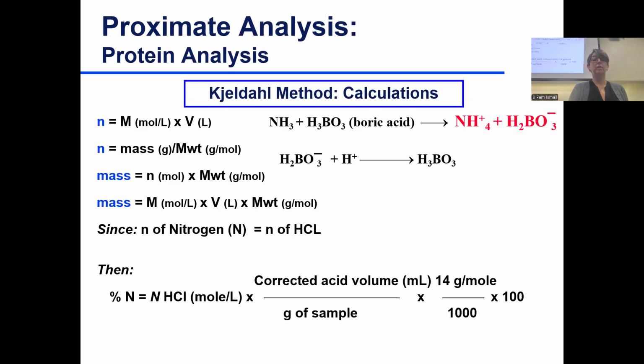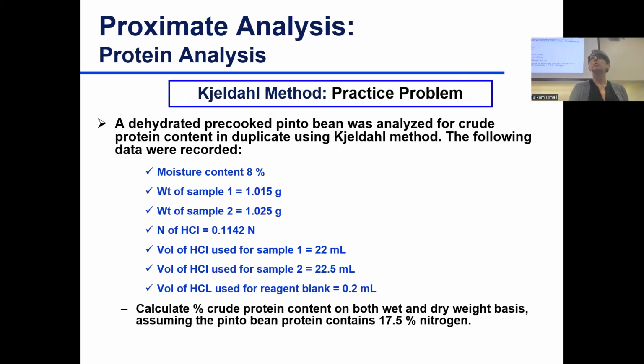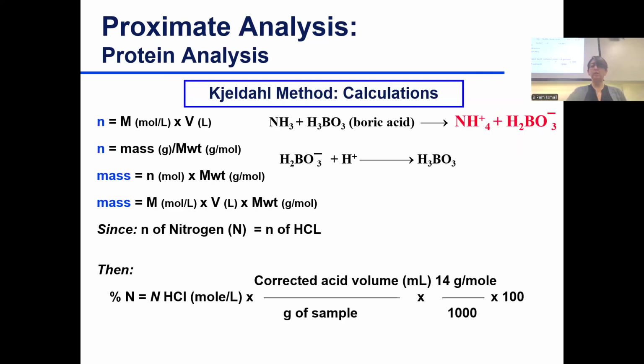You have all the given to calculate nitrogen. So you just apply, what's the normality of HCl? 0.1142. What's the corrected volume for rep 1?